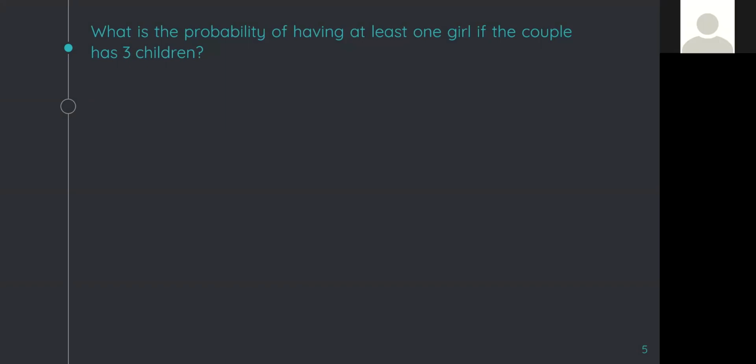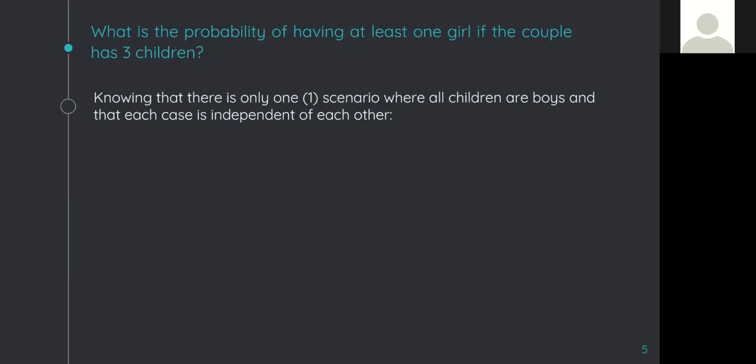So for the other problem: what is the probability of having at least one girl if the couple has three children? Knowing that there is only one scenario where all children are boys, and each case is independent of each other, using the formula, three boys is 1/2 for each boy, so that equals 0.125.